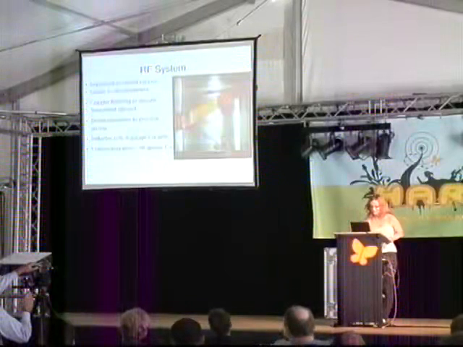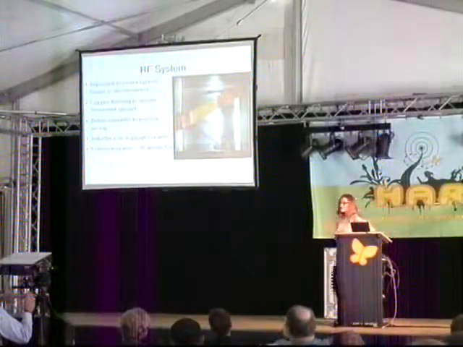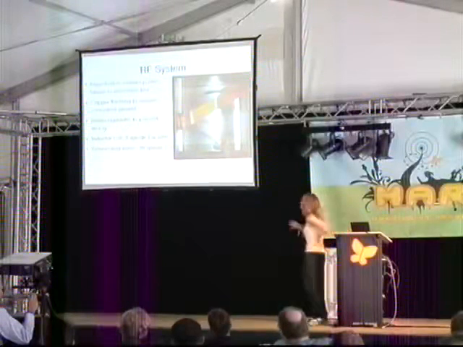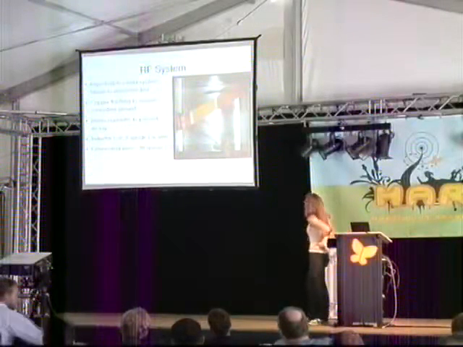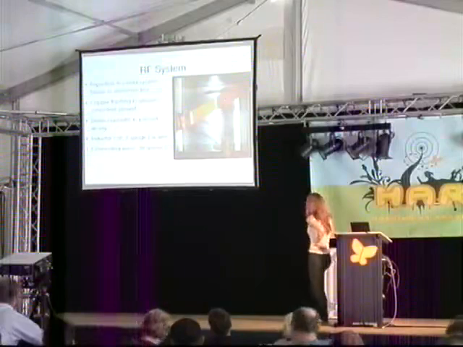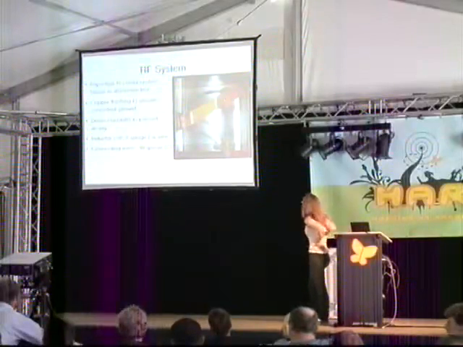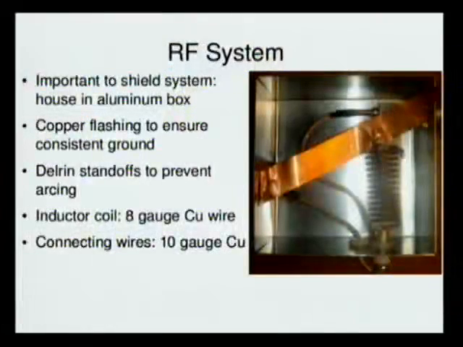So, okay, back to the mechanical side of things. You need to shield your RF system from stray pulses that might be coming in. Just housing it in something like an aluminum sheet box is enough for that. You need to ensure a consistent ground. If you braze on copper flashing to connect your inductor coil to your system capacitor to your ground, that'll be good.